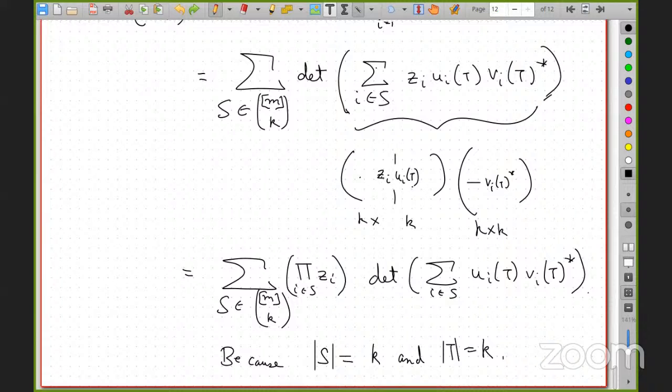These zi's come out because you're just multiplying columns, so this whole thing is equal to this matrix without the zi's times the diagonal matrix D, where D is a diagonal matrix with zi on the diagonal.